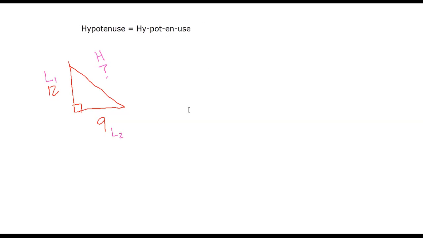So we know that leg 1 is, let me change colors, let's make it blue. So hypotenuse is blue. To use the formula correctly, we use leg 1 squared plus leg 2 squared equals our hypotenuse squared.